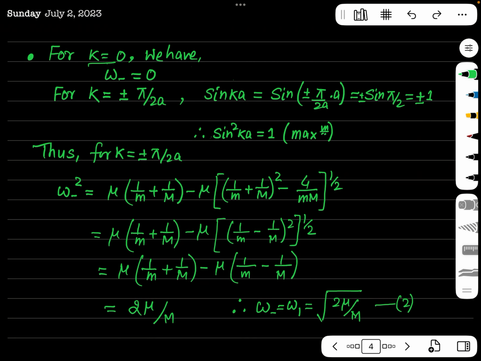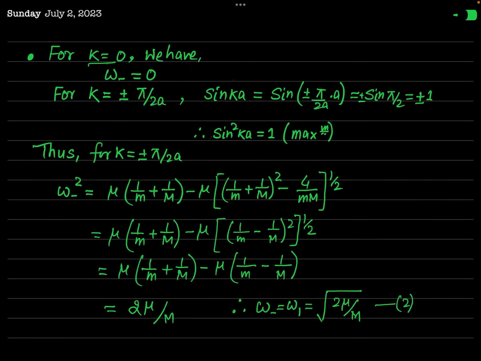But when k is equal to either plus pi by 2a or minus pi by 2a, then what will be the value of this omega minus? As I have told you earlier, at these values of k, the value of omega minus will be maximum.